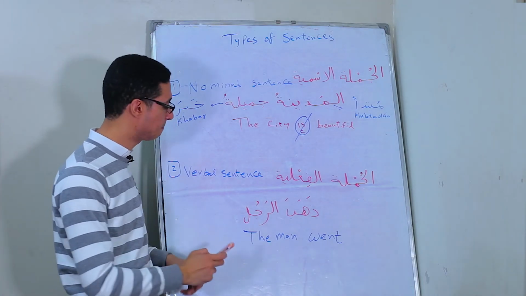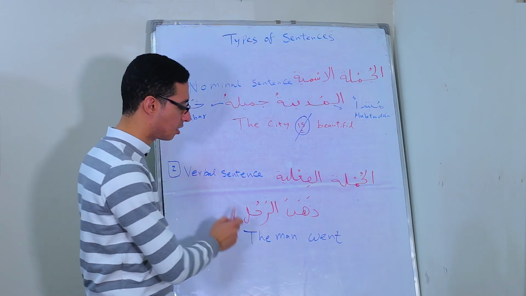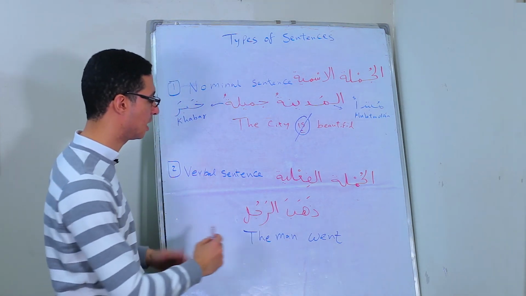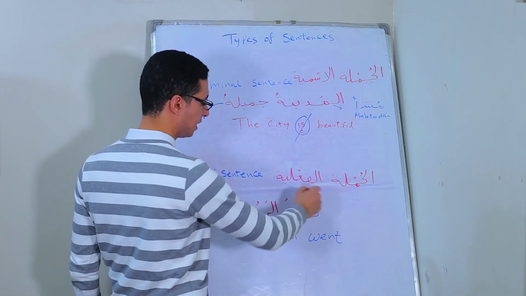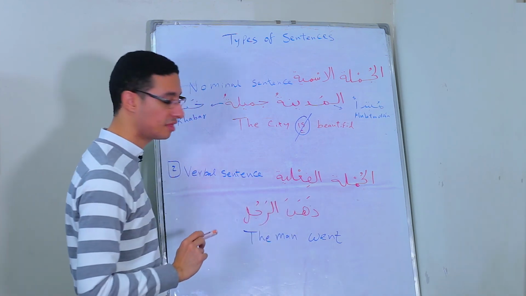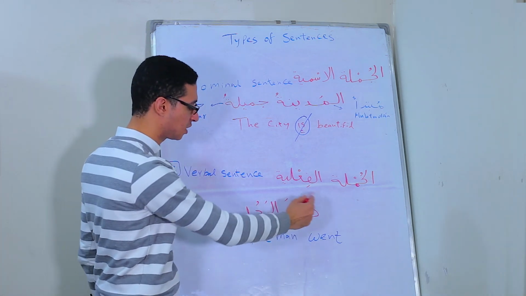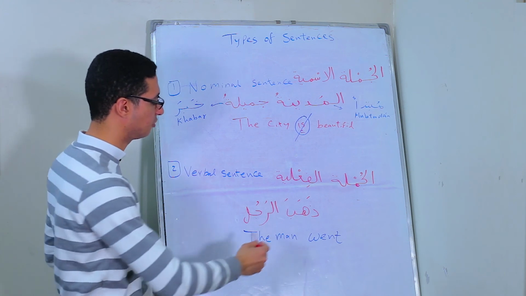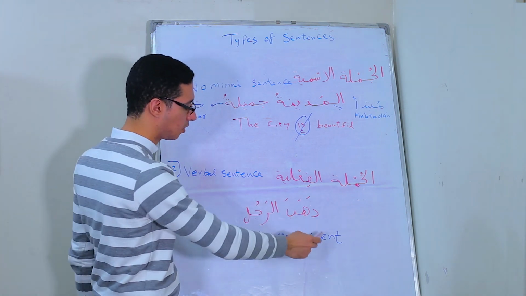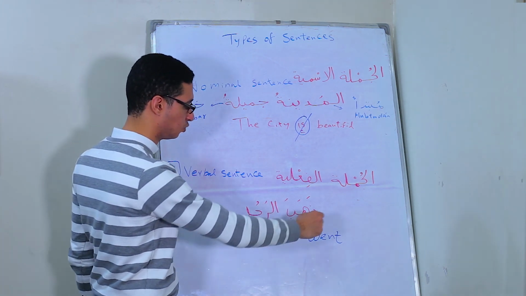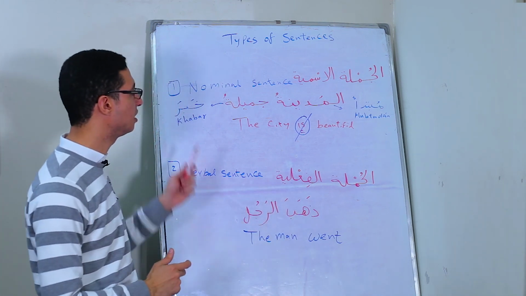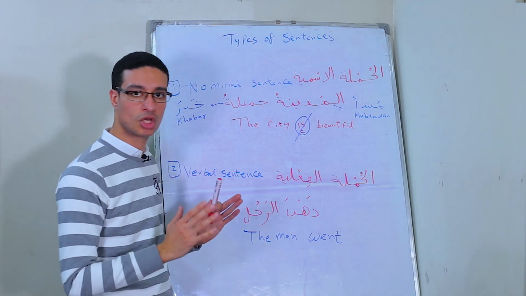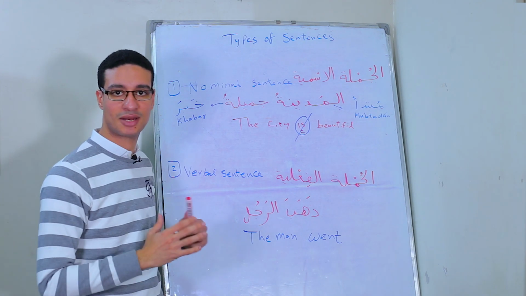So as you see, ذهب الرجل. Okay, ذهب الرجل, the phrase starts with a verb. ذهب means went. It's the verb to go in the past. Okay, the man went. We can start with the verb. So these are the only two types of sentences in Arabic.